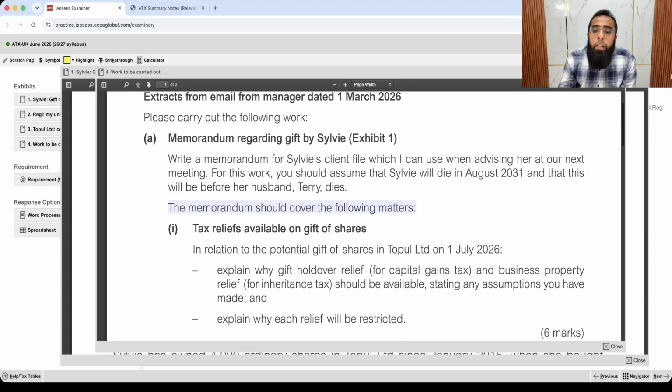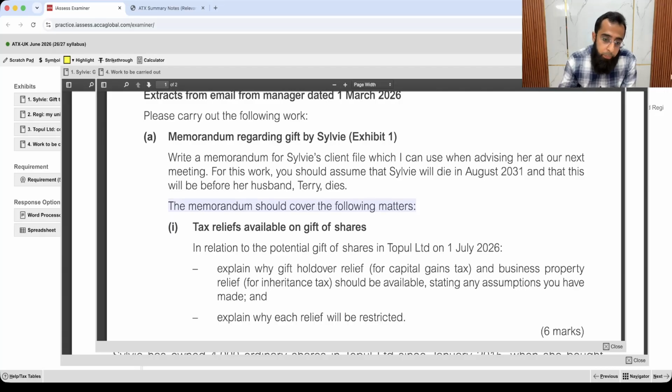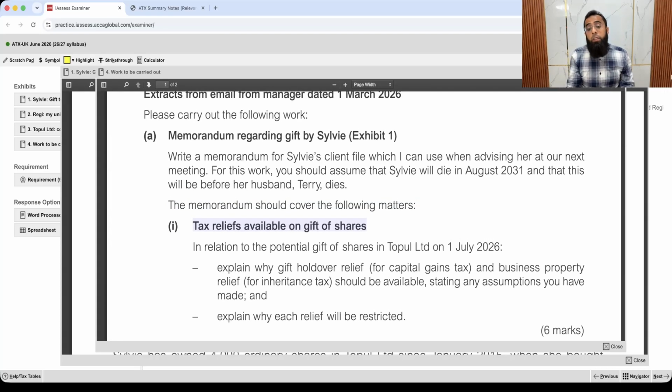The memorandum should cover the following matters. Tax relief available on gift of shares. Now from here you have to concentrate very much, because this is the requirement. You have to read what he's asking.